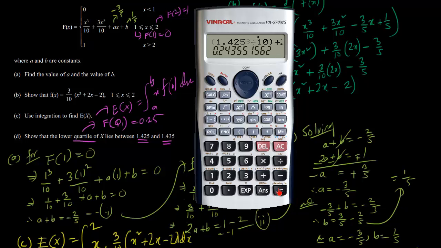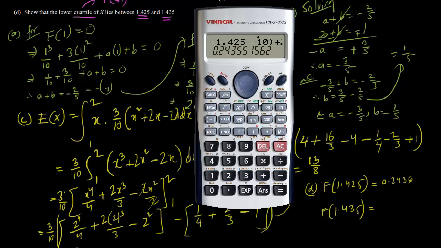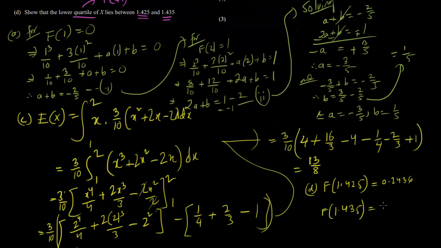So equals to the probability is 0.2436. So let me write it down over here, 0.2436. Now let's do the same thing with the next one, 1.435. And this value turns out to be 0.2523. So you see that it is around 0.25.